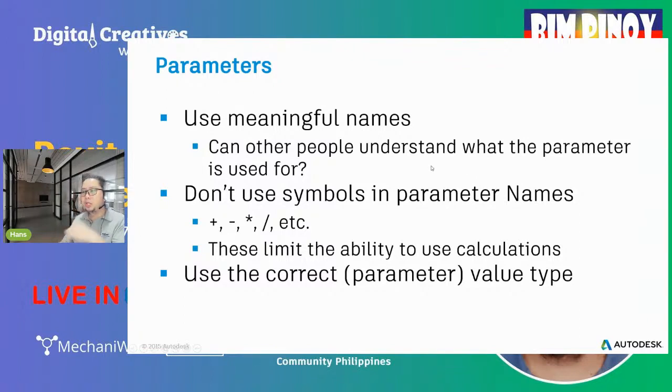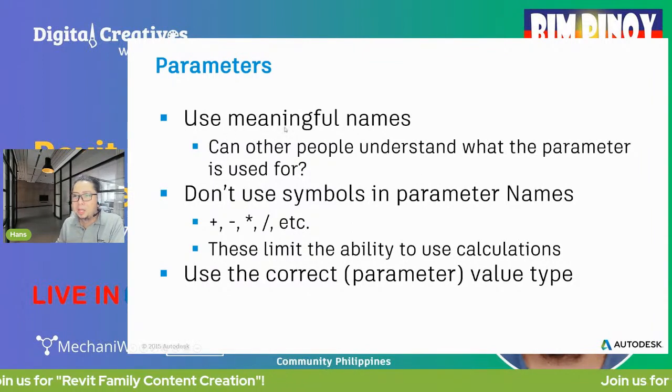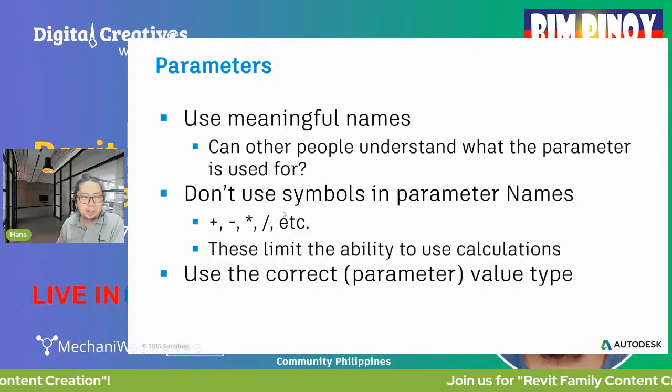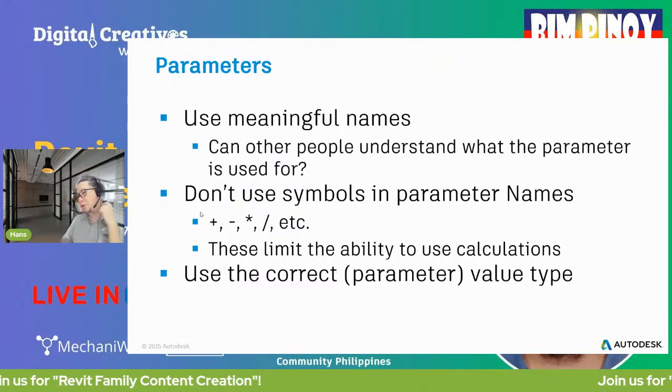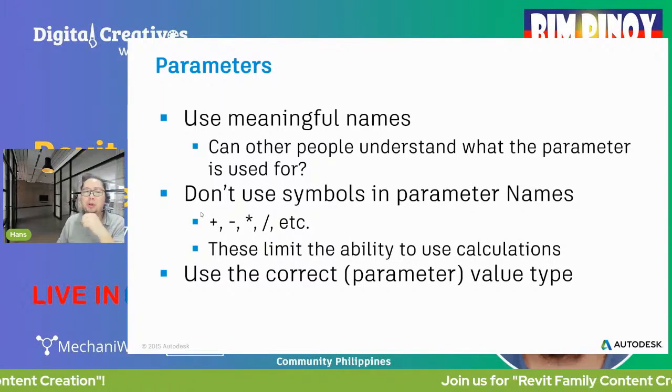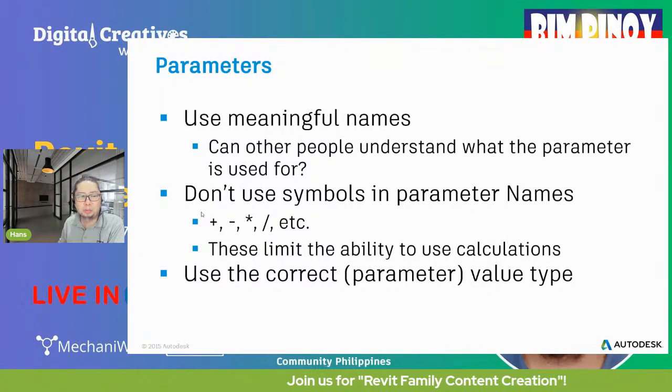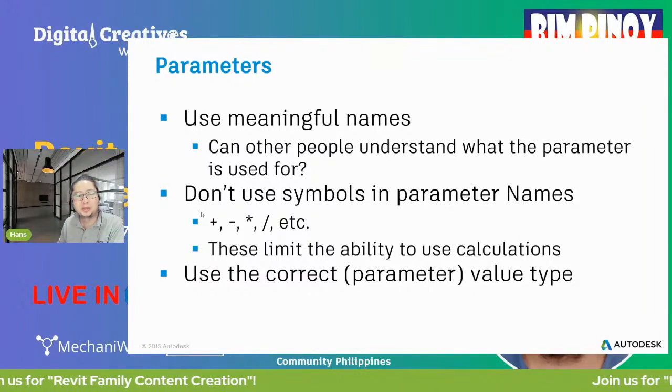And especially if you're using parameters, for example, for length, just put length or L, or width, just put W. Don't put numbers, one, two, three, or anything on your keyboard that doesn't have a meaning at all, that only you can understand. So try to be considerate of others, especially if you have people on your team or in your company who will be using your families as well.